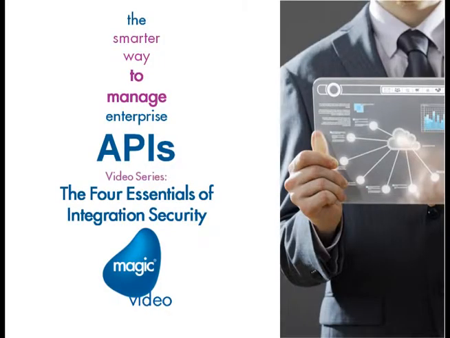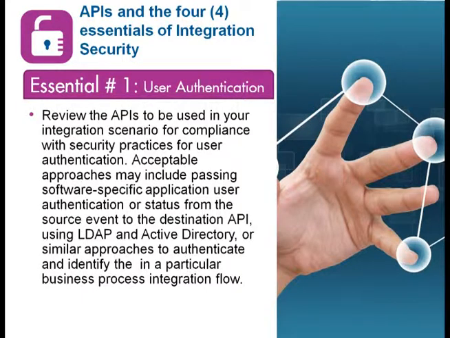Today we take a look at the 4 essentials of API integration security. Essential number 1 is user authentication. With essential number 1, it reminds us that we need to review the APIs to be used in your integration scenario for compliance with security practices for user authentication.